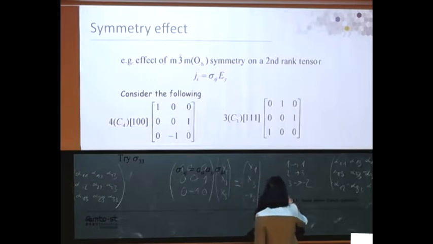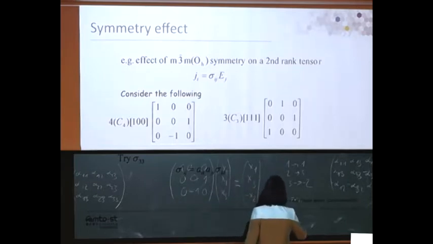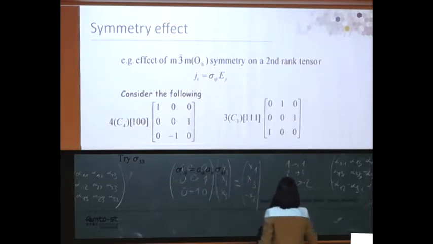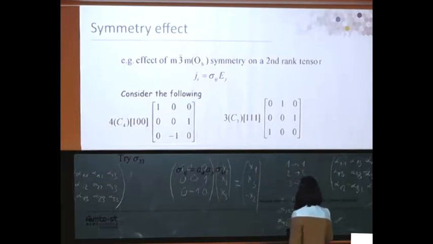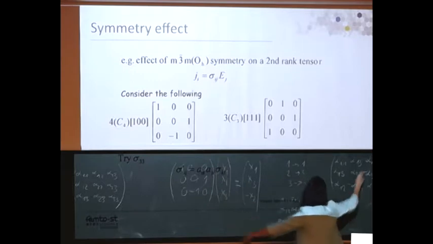So what does it mean? Alpha 1, 1 is equal to alpha 1, 1. But then if you look, alpha 2, 2 is equal to alpha 3, 3. And alpha 3, 3 is equal to alpha 2, 2. So it's the same. Then alpha 1, 2 is equal to alpha 1, 3. If I look, alpha 1, 3 over there is equal to minus alpha 1, 2 here.